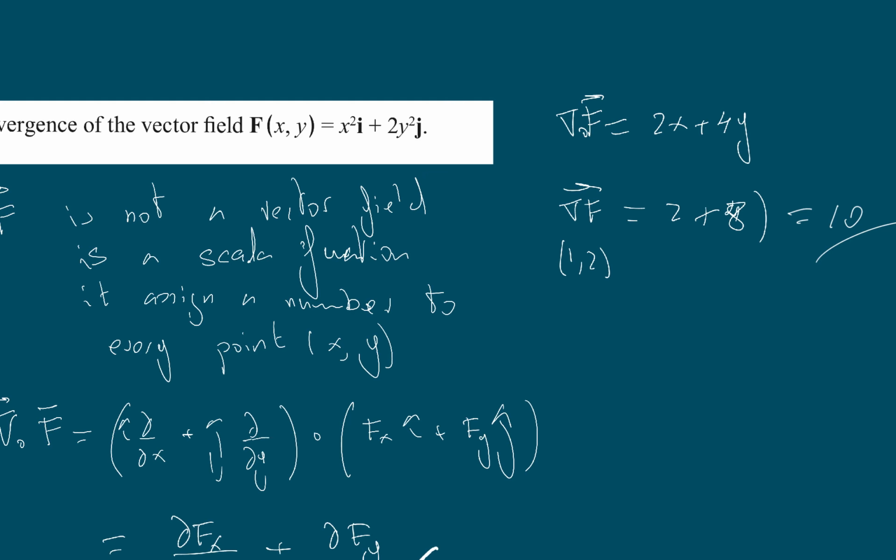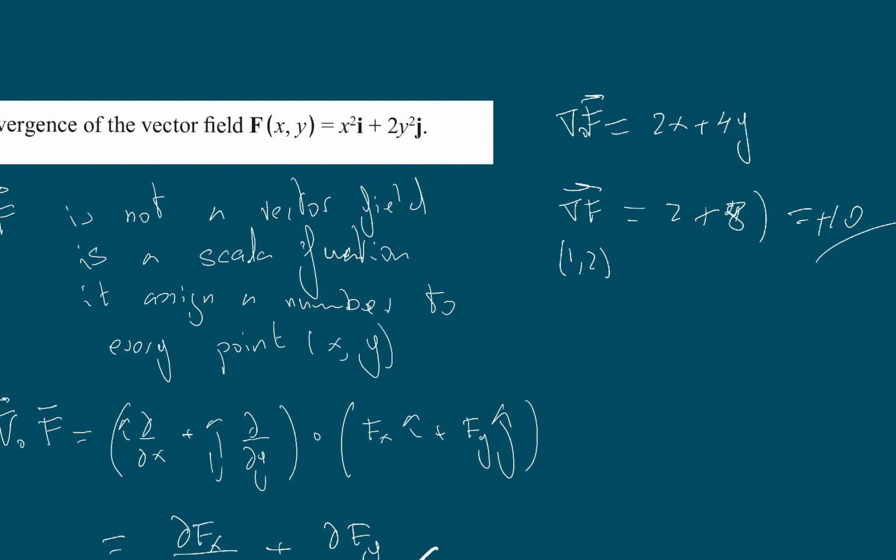The 10 means that the net flux over the surface is 10 per unit of volume. It means that an amount of 10 is going out of the surface because it is plus 10, so the flux per unit of volume is 10 units.